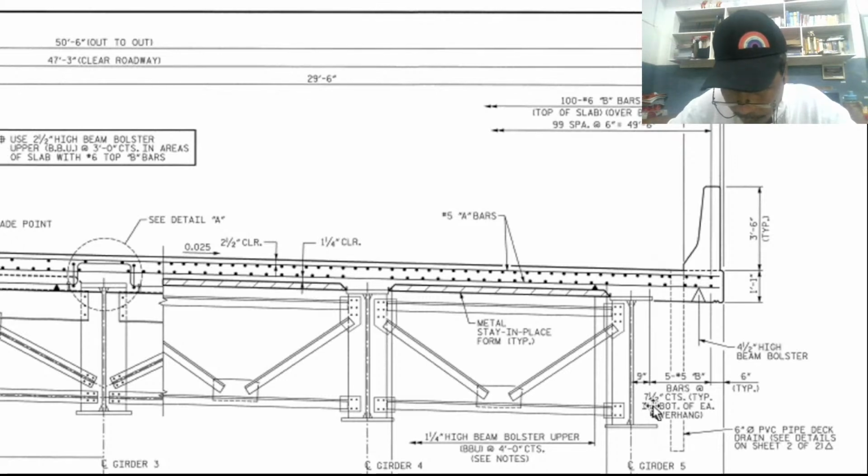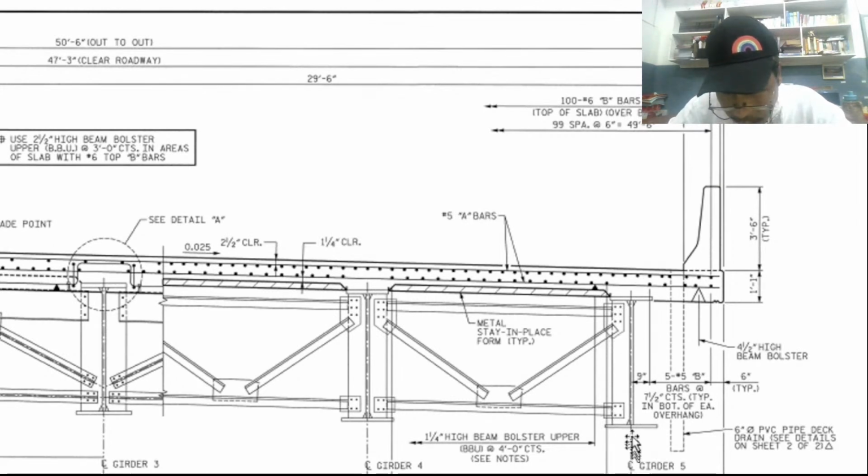Bars at 7.5 inches centers, meaning center to center, typical in the bottom of each overhang. So what do we mean by overhang? Overhang means the part after the exterior girder.